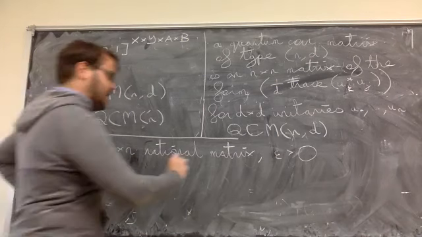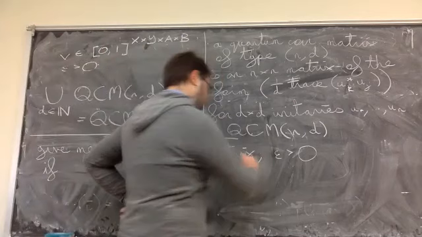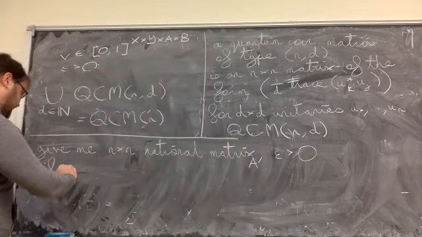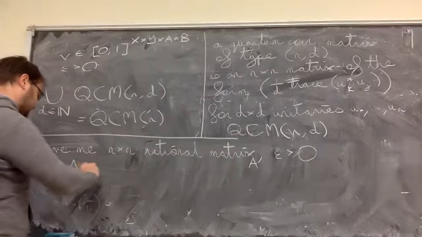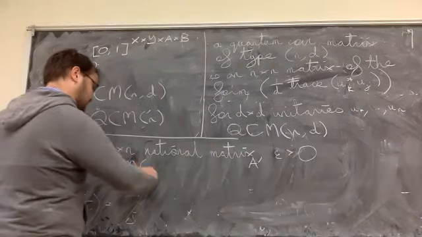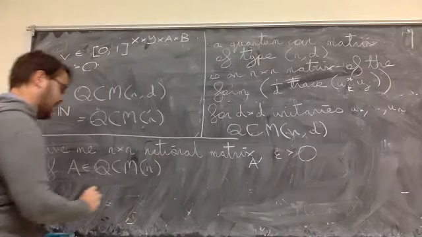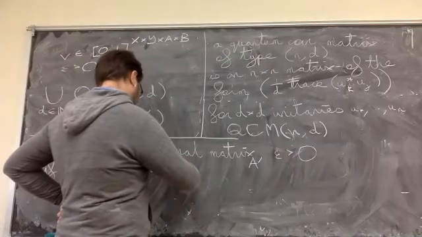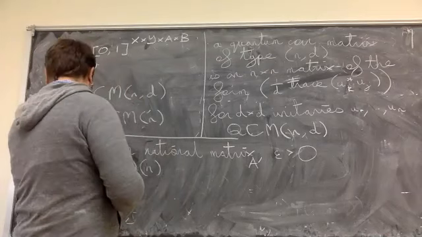So let's call this matrix A. So if A is in QCM n, well, let me say it like this.